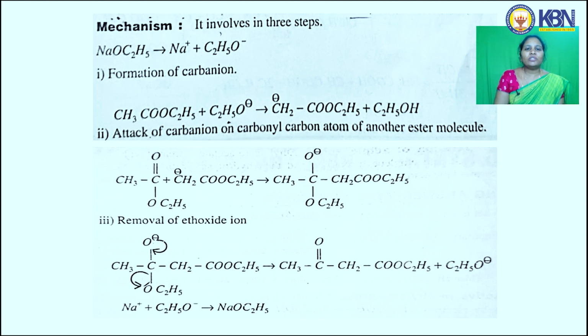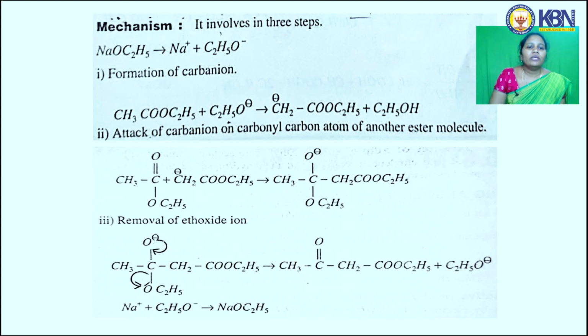So this mechanism mainly involves three steps. Before going to the mechanism, first the sodium ethoxide, which is formed by the reaction between the strong base and ethyl alcohol, undergoes dissociation to form Na plus and C2H5O minus. In the first step, formation of a carbanion from the ester takes place.